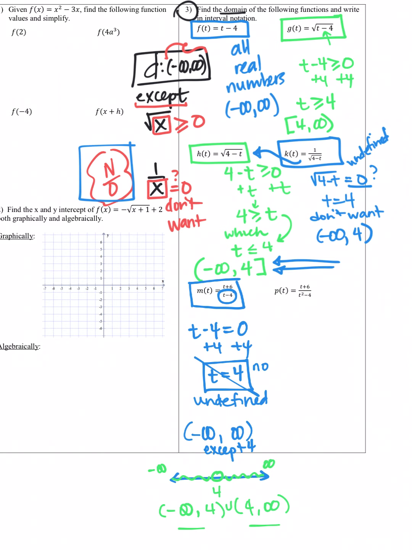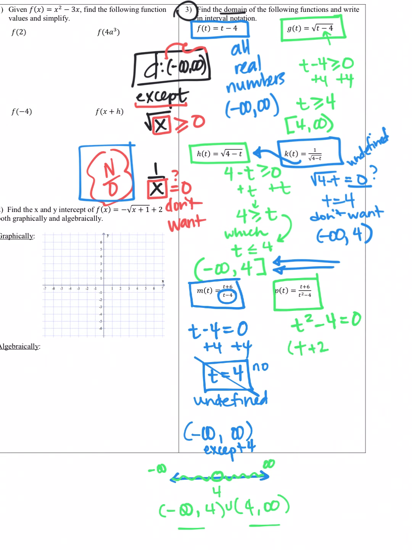All right, for the last question there, if we look at the denominator and we're trying to see, well, when does t squared minus 4 equal 0? Well, we could think about that a couple different ways. I know just by looking at it that a 2 would be a bad number because 2 squared is 4 and 4 minus 4 is 0. We can also solve it by factoring.